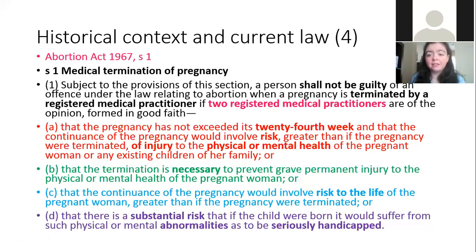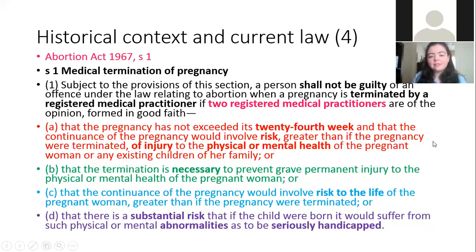This is a very liberal condition. It's up to 24 weeks. Medically, any continuance of a pregnancy would generally involve a risk greater than if the pregnancy were terminated. So as long as that can be shown, which it very easily can, abortion is available up to 24 weeks, provided it's been signed off by 2 registered medical practitioners.